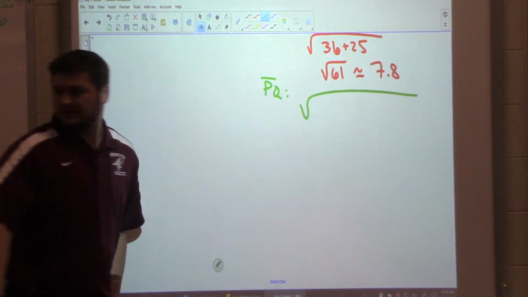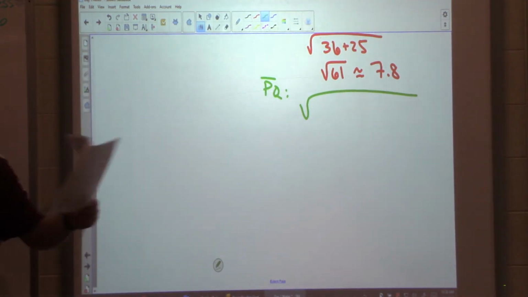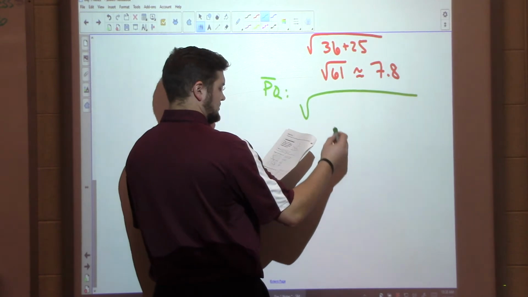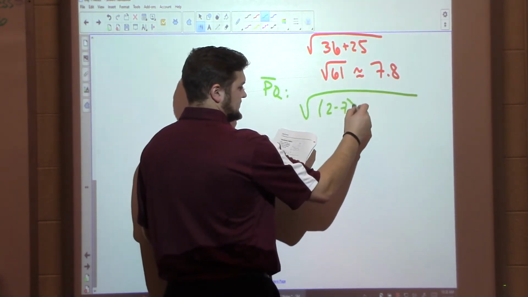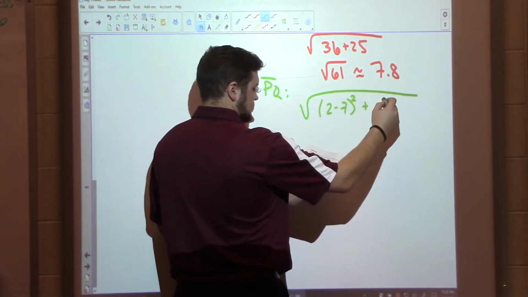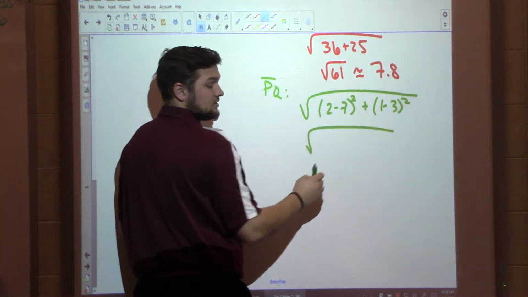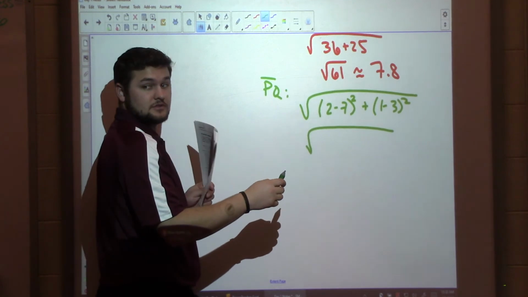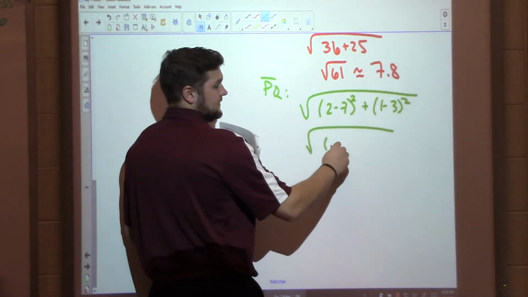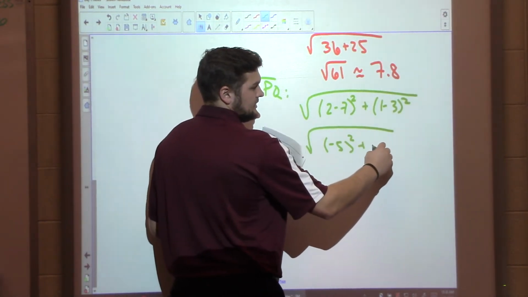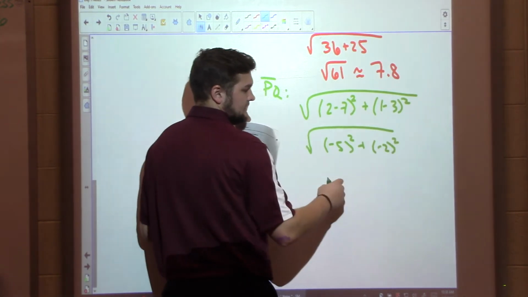Square root of 2 minus 7 squared plus 1 minus 3 squared. Negative 5 squared plus negative 2 squared.